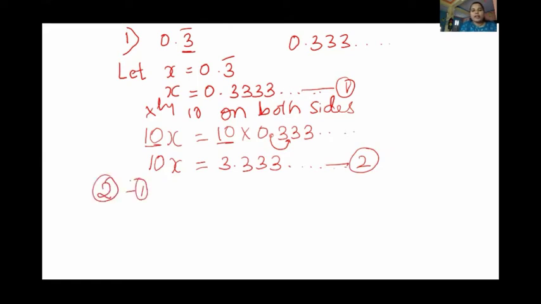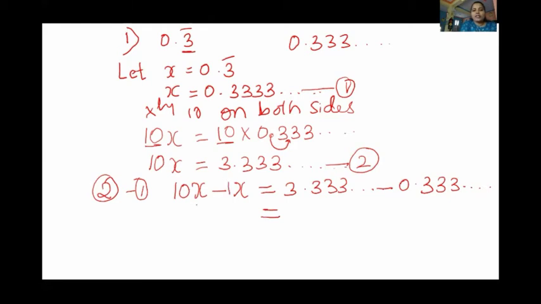First we subtract the LHS, that is 10x minus x, equals, we subtract the RHS also, that is 3.333 etc. minus 0.333 etc. There is a coefficient 1 with x, so 10x minus 1x is 9x. And then the decimal part on the RHS will get cancelled.